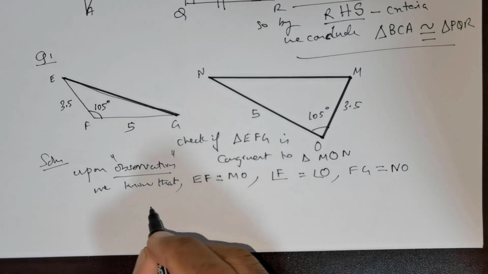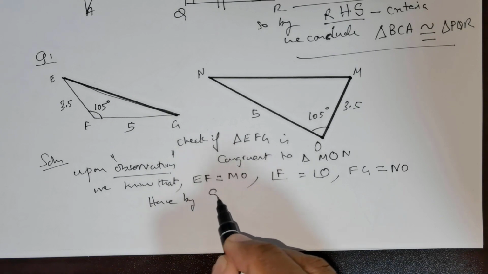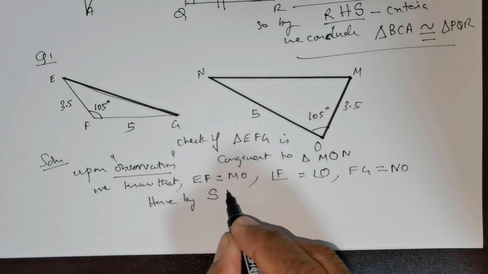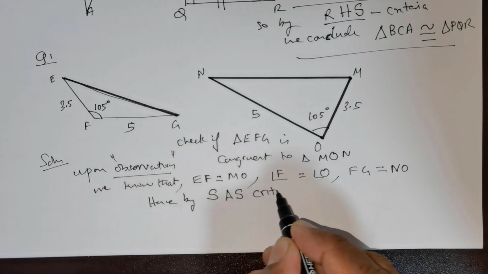So what you can derive from this, hence, by invoking, what is that criteria you're going to invoke? You're going to invoke the side angle side criterion.